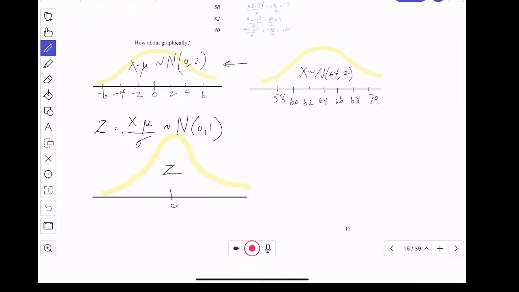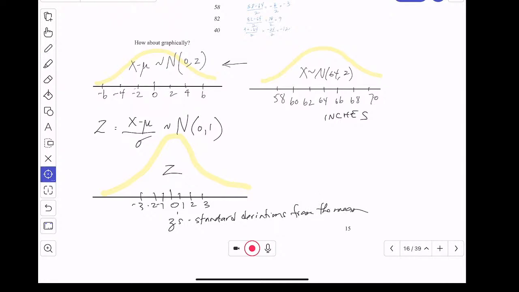So what have I done? What I've done is translated 64 inches to standard deviations from the mean.